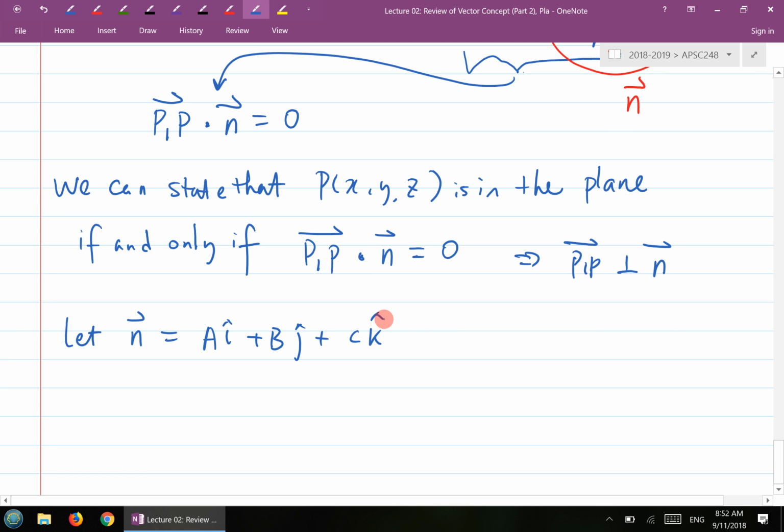So remember, n is perpendicular to the plane. Okay? So that's not an arbitrary one. But then again, if this n is perpendicular to the plane, so imagine you already have a plane now. How many possible n vectors could you have?